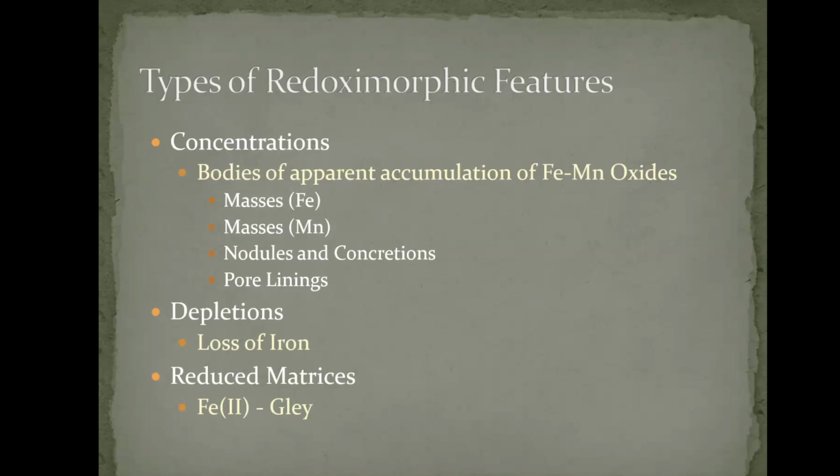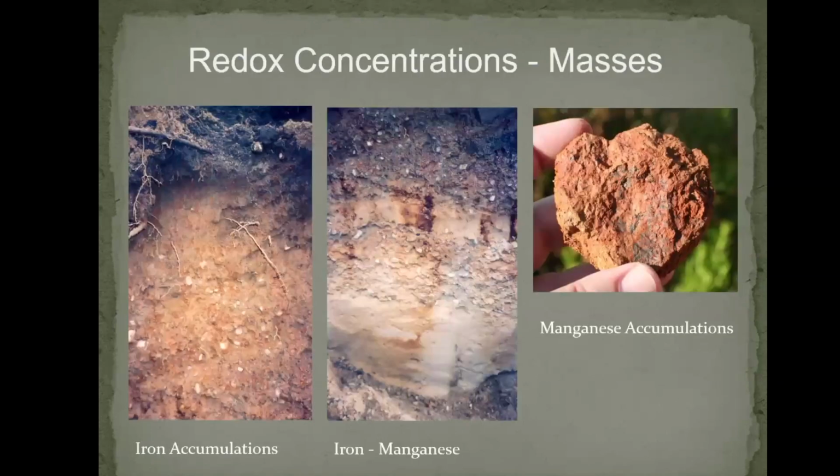So it's grayish in color. The way to think about this is that if you have iron oxide, it's a rusty color, but a fresh piece of steel is gray in color. It's not quite the same, but you can think of the reduced color as grayish, like steel, and the oxidized color as the rust color. So you could have a reduced matrix that we call gley, and we'll look at that a little bit more.